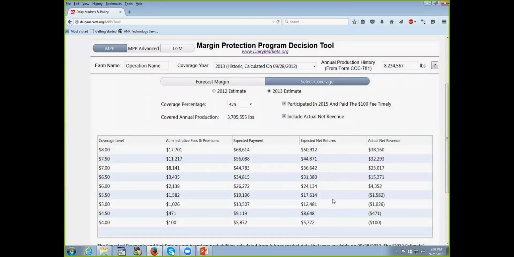Here $6, at the time of sign up, would have been expecting 26,000 because it was looking at a really bad year. It ended up being 4,300, so much less. It still paid for itself. But if you think about this as an insurance policy that you don't want to collect on, then the fact that it's a small payment is a good thing.